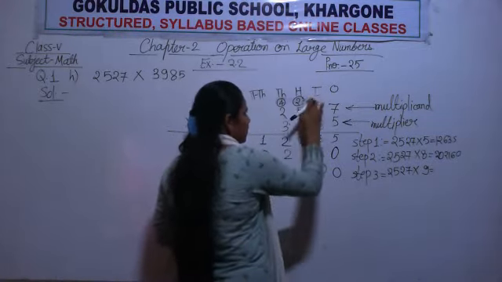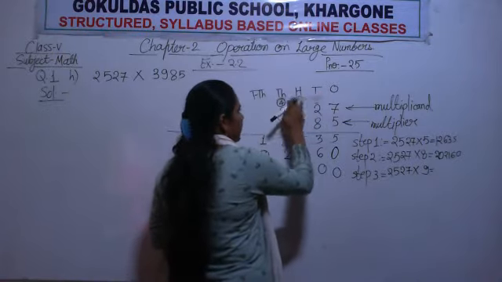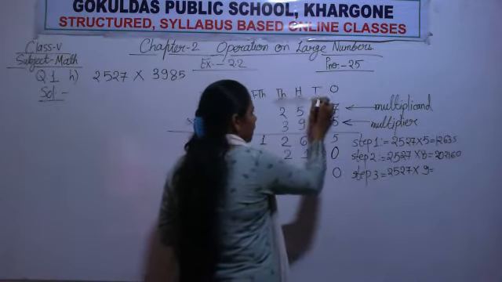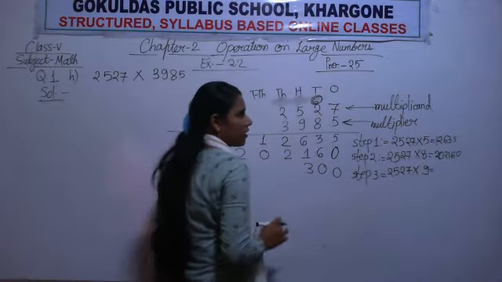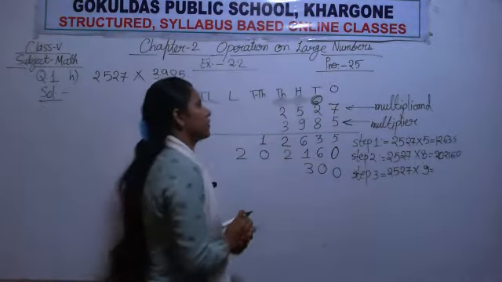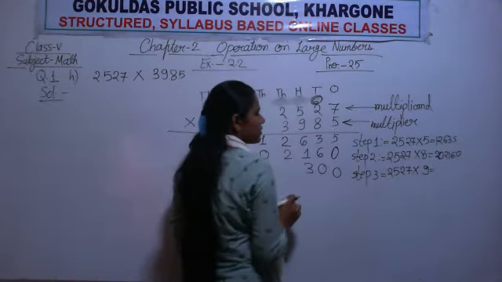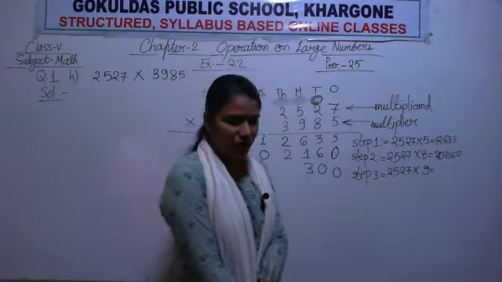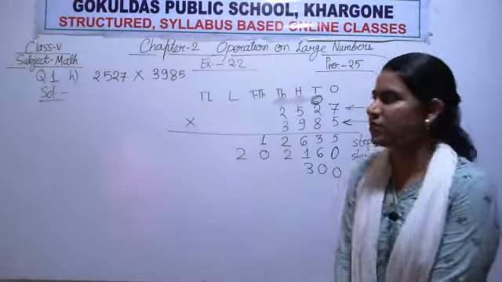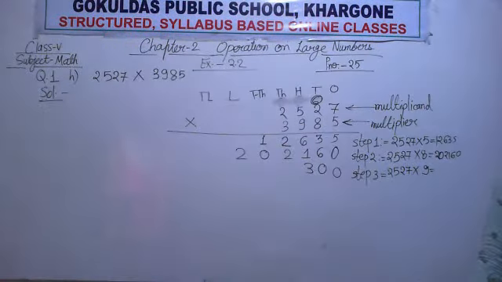So you will write 3 here and 6 is the carry. Now 9 multiplied by 2. 9 twos are 18. 18 plus 6, count fast.